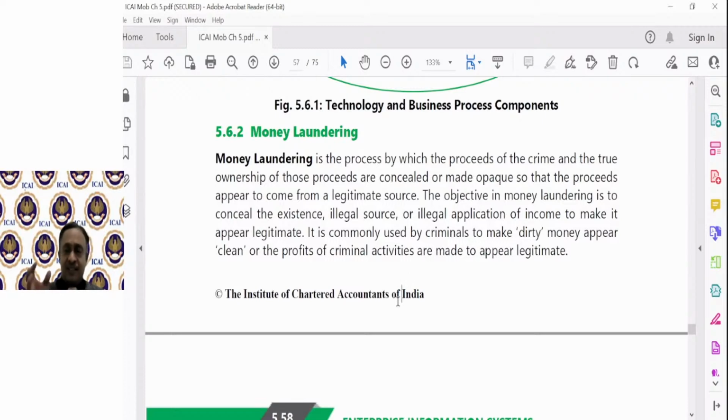Wherever you get this money from, this illegal source, illegal application, you create a whole flow of transactions that makes everyone believe it is genuine. That is money laundering. It is commonly used by criminals to make dirty money appear clean. Now, dirty money can come from various sources. That is not the topic to be discussed, but we'll find some references in the next header.